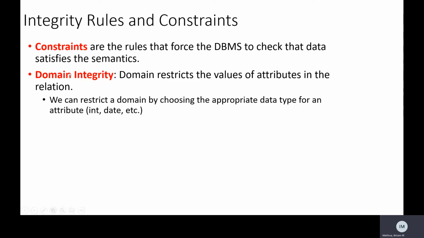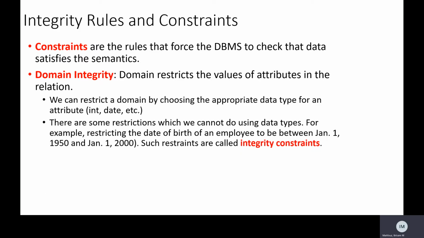That's called domain integrity. To achieve this, we choose an appropriate data type. If you want a column that has a date, you don't select string, you select date. If someone tries to put in a month that doesn't exist or has a typo in it, the database will catch that. So by defining the data type, we are maintaining domain integrity.